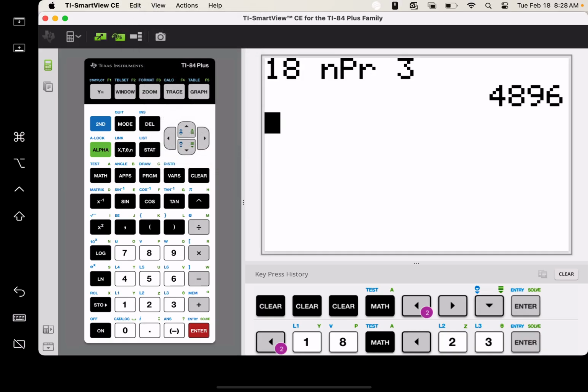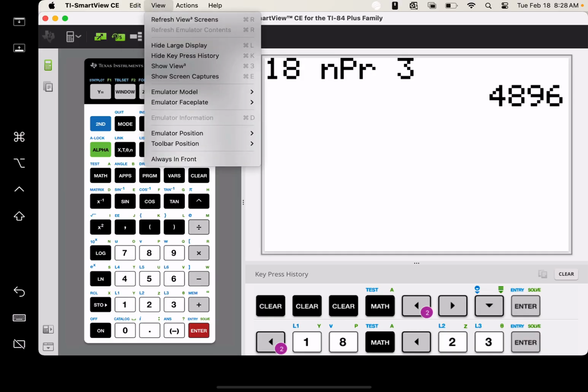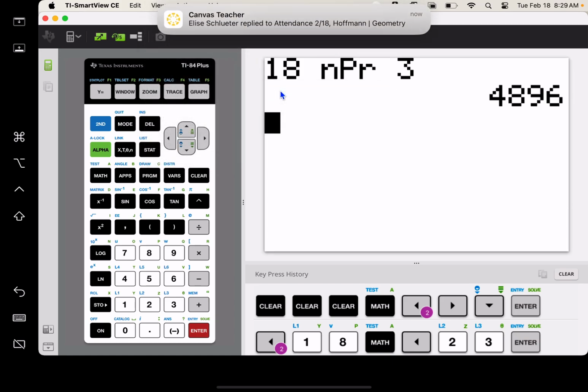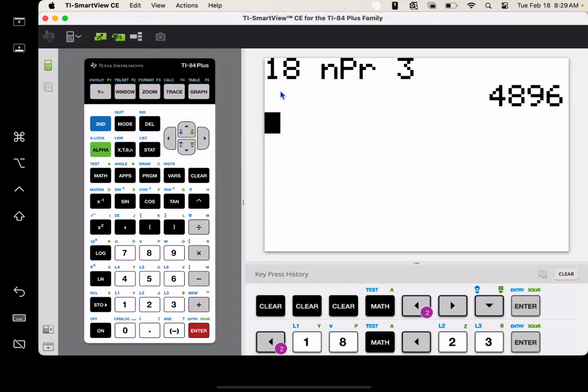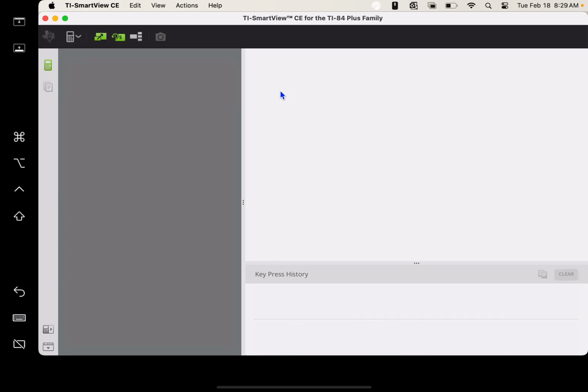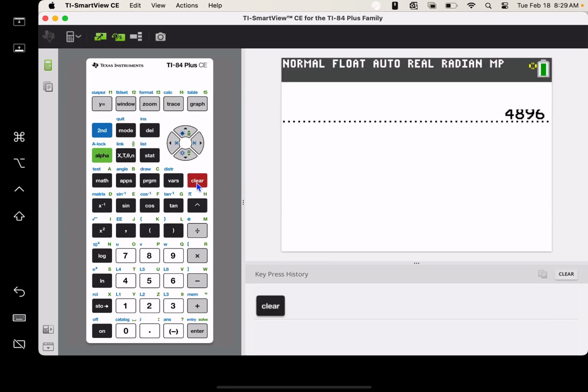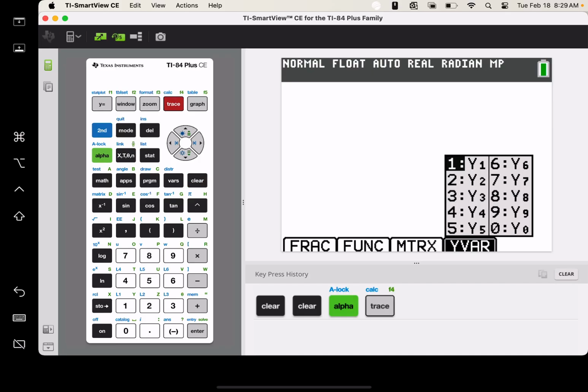Now, the other way to get to that nPr is actually pretty quick. So let's go ahead and switch back. So the other way to get there is in one of these shortcut screens. So we've already seen the F4 shortcut screen that gives us all the functions.